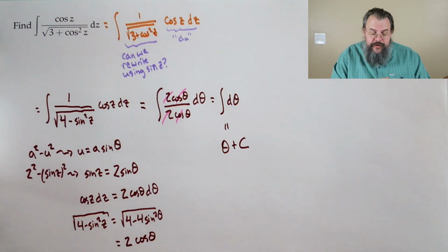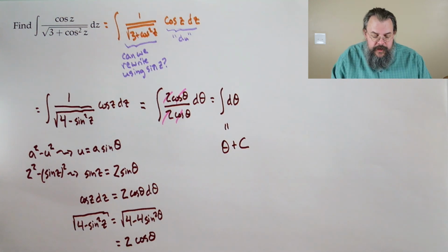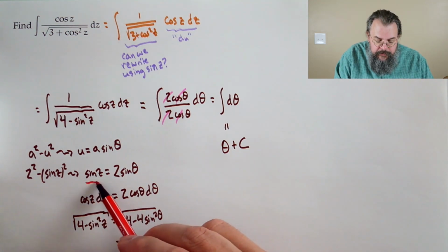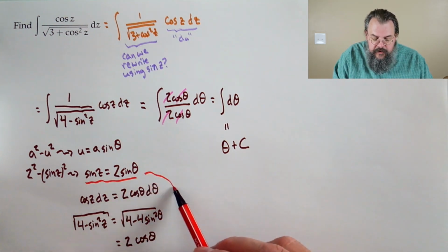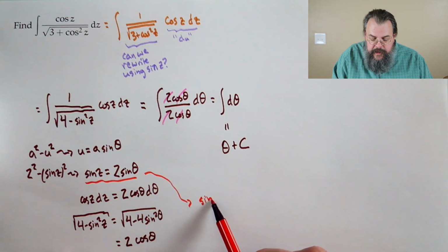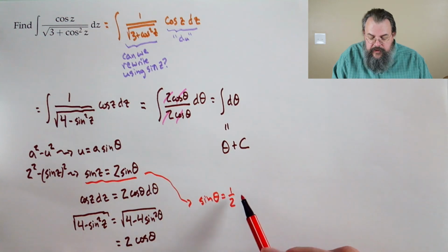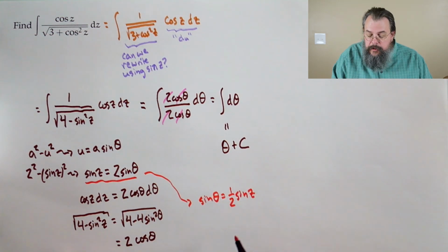So the only thing left to do is say, what's theta? For that, we come back to our formula. Our formula says sine of theta times 2 is sine of z. So sine of theta is 1/2 sine of z.